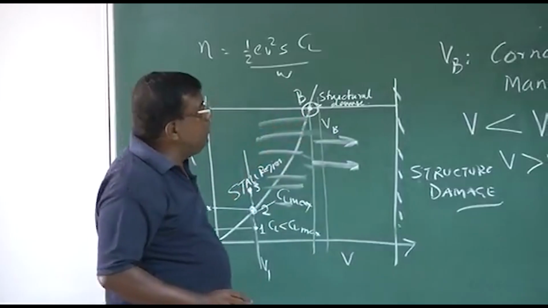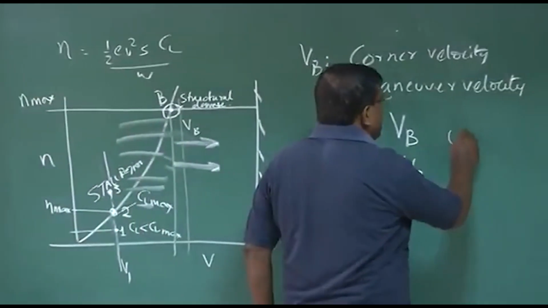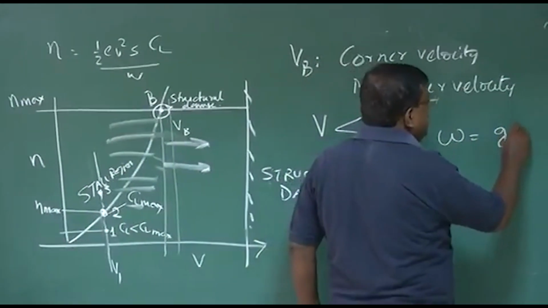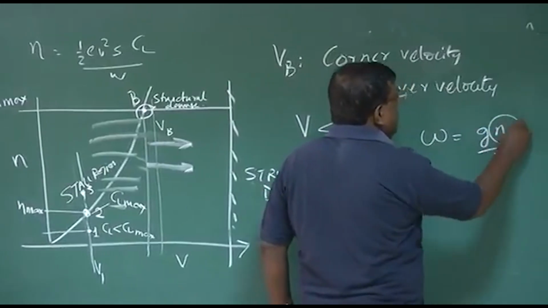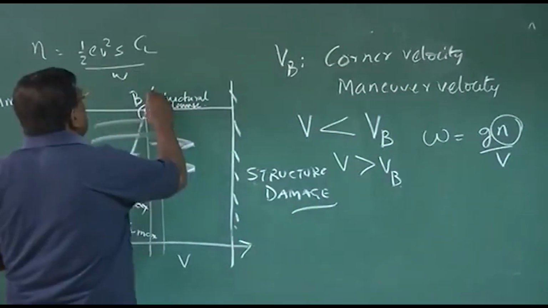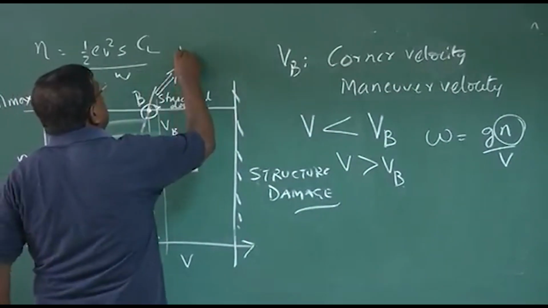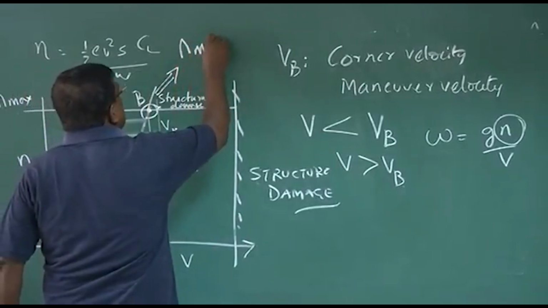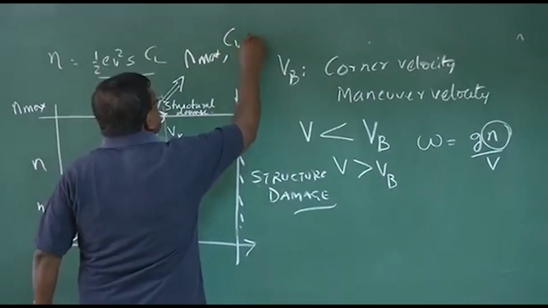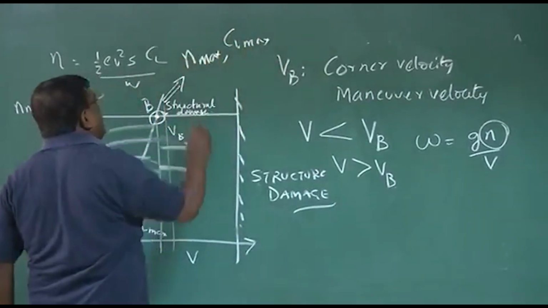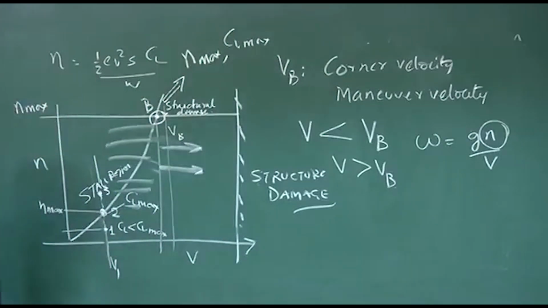Also, it is interesting to know that, as you know, omega is some g n by V. So at this point, you could see very simply that n is max and also CL max, right? Okay, n is max and CL also max.